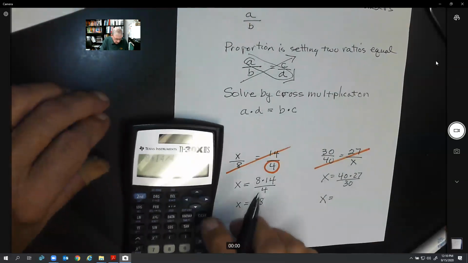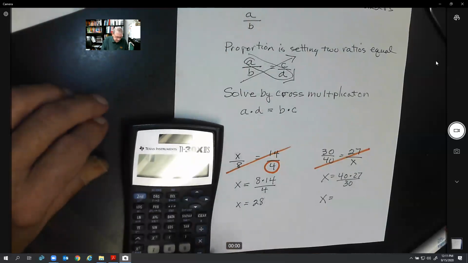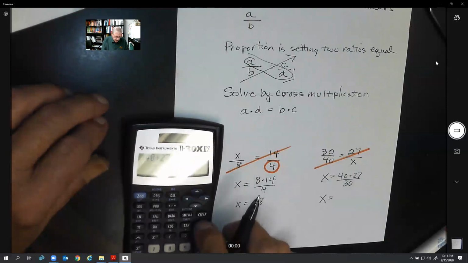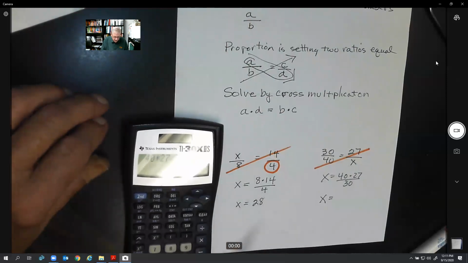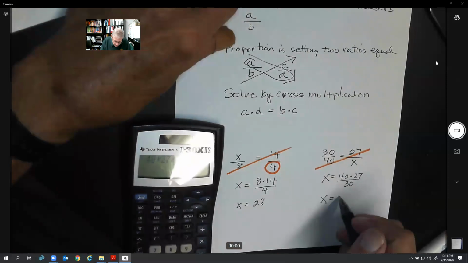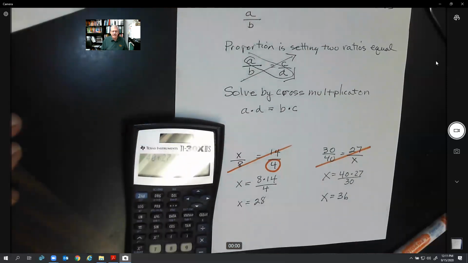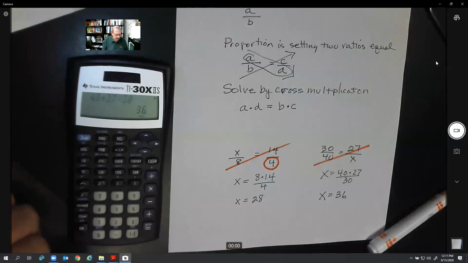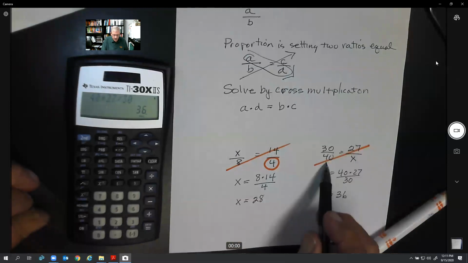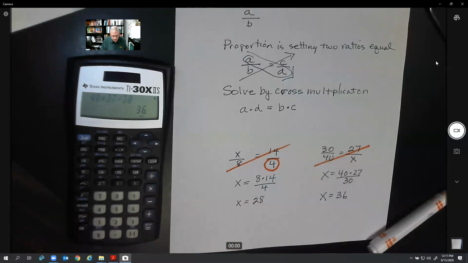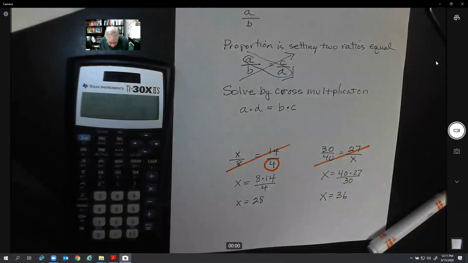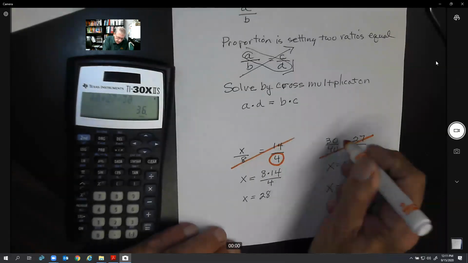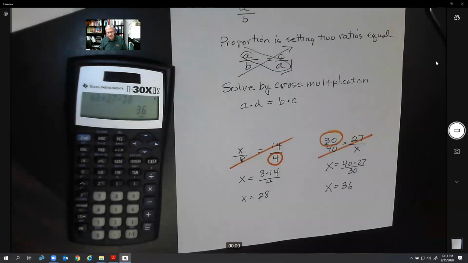Okay, so 40 times 27 divided by 30 is 36. Just that easy. We're going to multiply these two numbers, divide by the 30. So find two numbers that are diagonal and then divide by the number that's left.